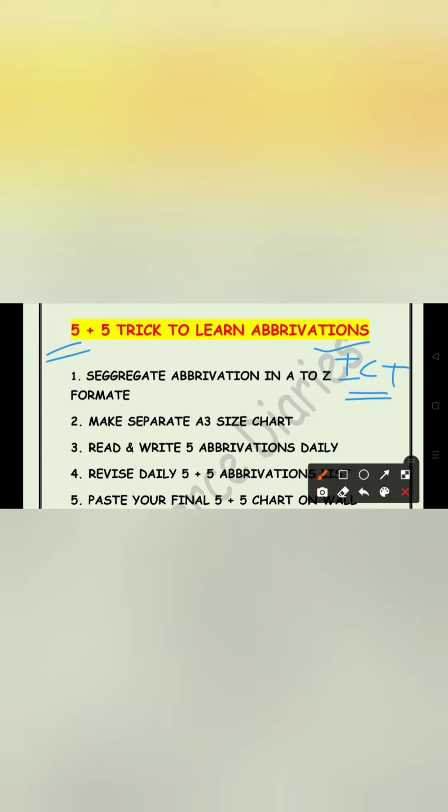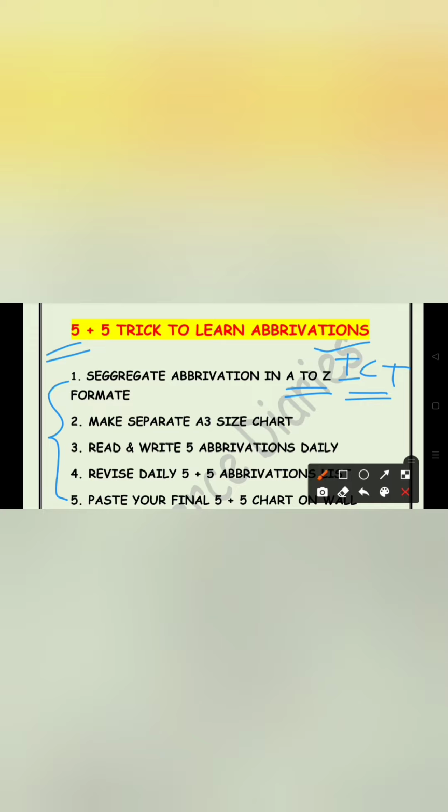Okay, so what you have to do is, with this simple 5 step approach you can easily learn and retain all kinds of abbreviations. So first thing is to segregate abbreviations in A to Z format. Let's take an example of ICT.